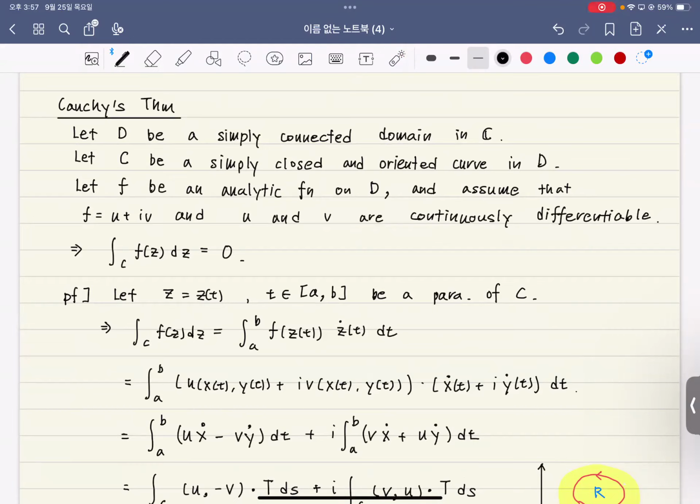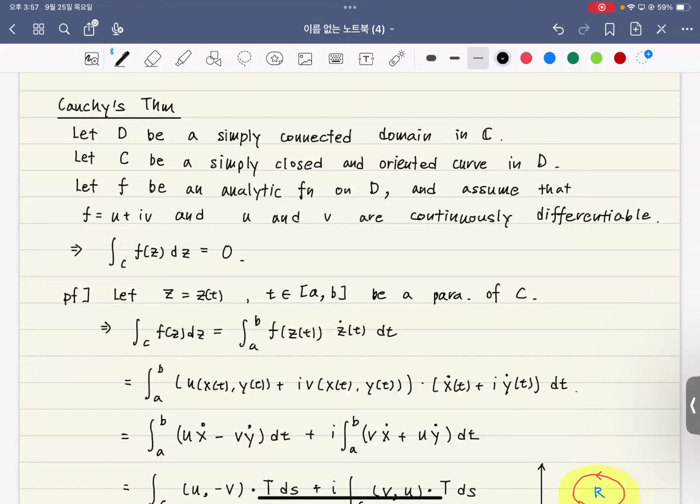Great. Combining this theorem with the theorem that we studied in my previous lecture, this implies that if your function is analytic in some simply connected region, then it must have an anti-derivative on it.